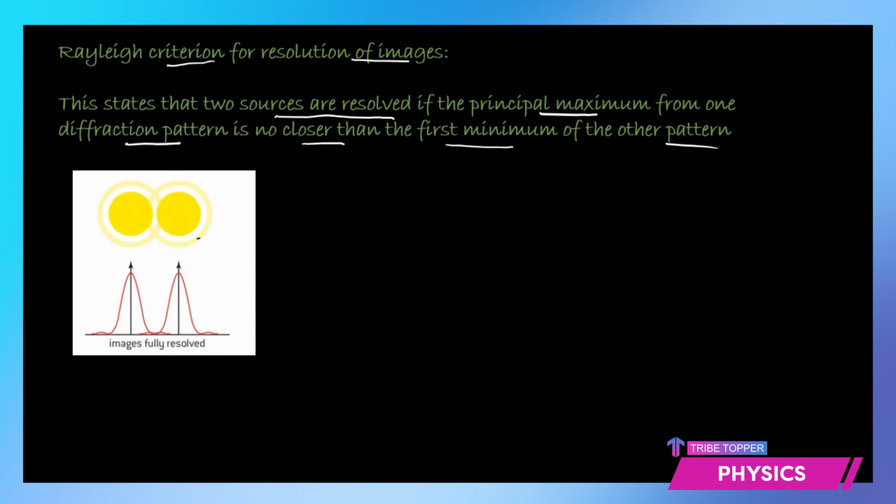As you can see here, it's written images are fully resolved, because in this case the principal maximum from one pattern is at least as far from the other as the distance of the first minimum from the principal maximum. If you look at this picture, we would say the images are just resolved.